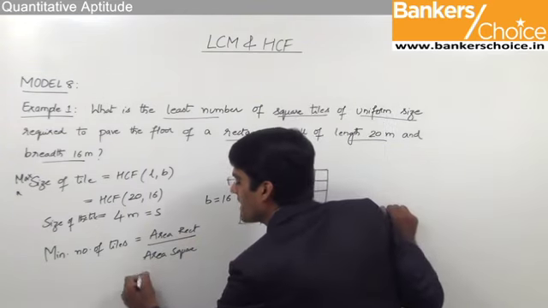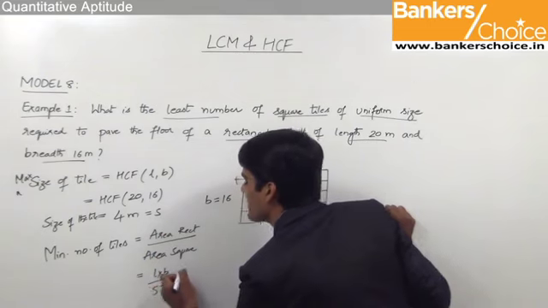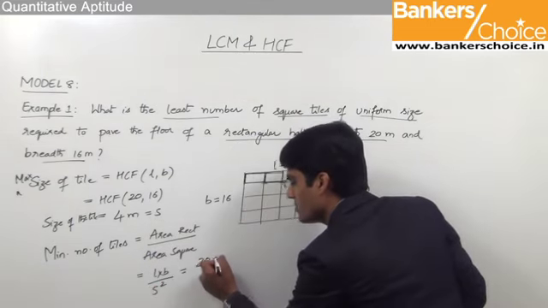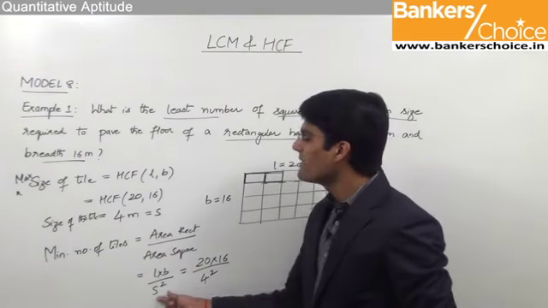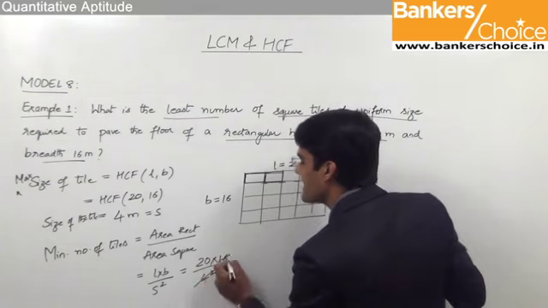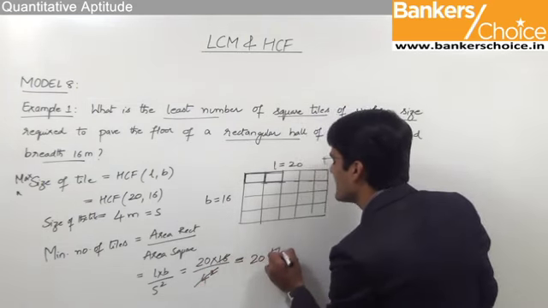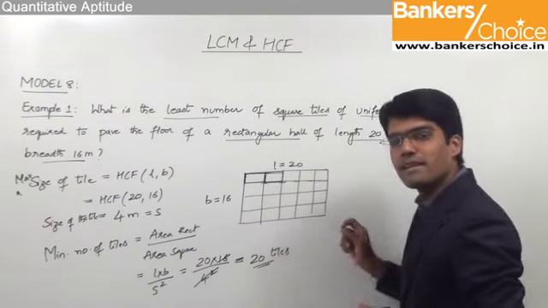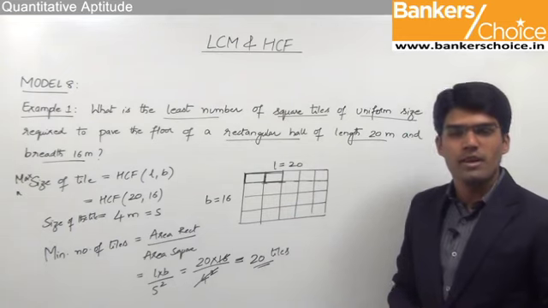The area of the rectangular hall is length into breadth, and the area of the square is S squared. So it can be taken as 20 into 16 divided by 4 squared, as the side of the square tile is equal to 4 meters. Now 4 squared and 16 get cancelled, and the answer here would be 20. So we can say that 20 tiles is the minimum that is required to do the flooring of such a hall with the help of uniform square tiles.